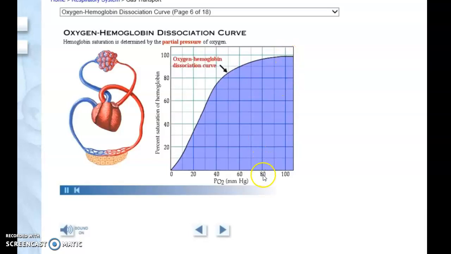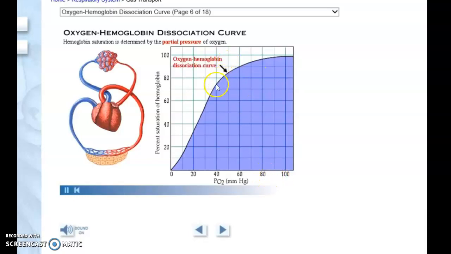Well, what if my partial pressure was 80 millimeters of mercury? Then what would my percentage of saturation be? I would follow this up until it bisects the line here, and then go straight across, and that's still pretty high, because 90 is right here, so I'm still above 90. I can still be fairly saturated even if my pressure drops.